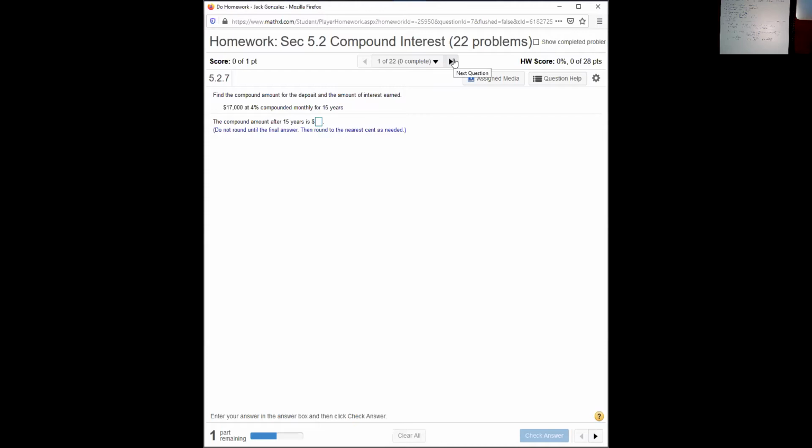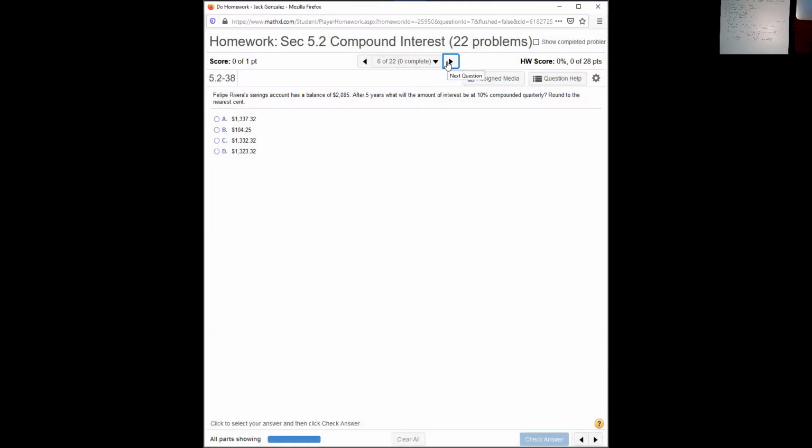And it's going to be the same thing all through the whole section, except they actually solve for different things. Here they want to know the amount after 15 years. So this is future value, right? Same thing, future value, future value. Okay. Let's see, there's a different one.